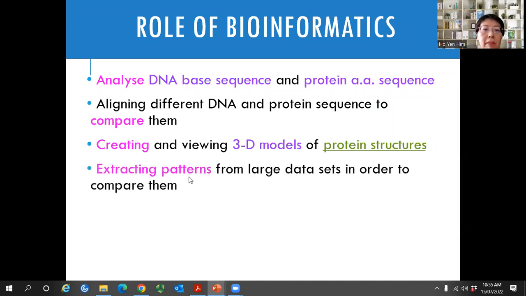Next, extracting patterns from large data sets in order to compare them. So are there any other researchers that have done a similar experiment? So can I go to that database and extract out other possibilities? Let's say I've researched drug 1, 2, 3, 4, 5.